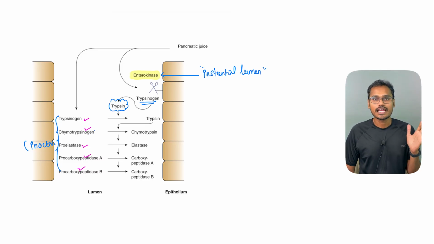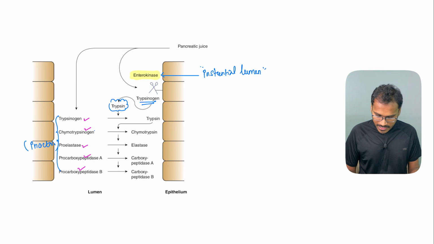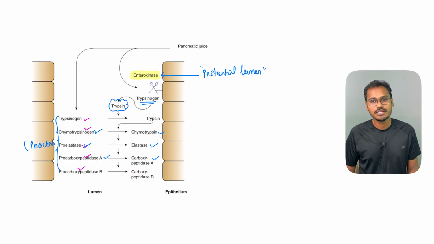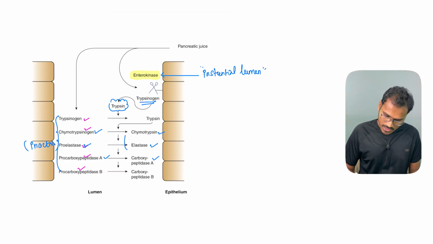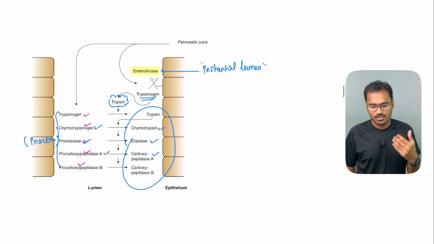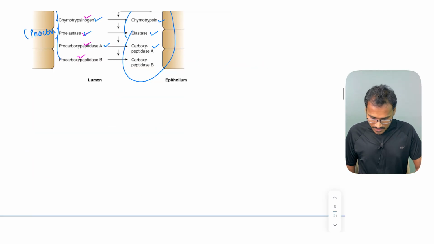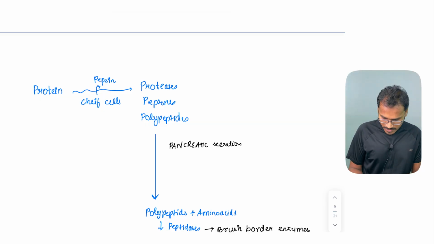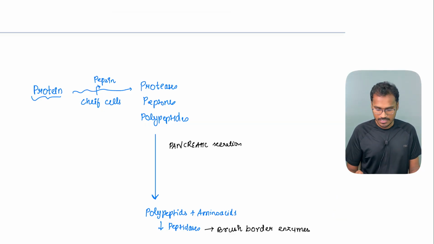Once trypsin gets activated, it can further activate all the enzymes. It can activate chymotrypsinogen to chymotrypsin, proelastase to elastase, procarboxypeptidase A to carboxypeptidase A, and procarboxypeptidase B to carboxypeptidase B. These are all the active agents we need for the digestion of protein. Protein digestion primarily starts in the stomach with the help of pepsin from the chief cells.